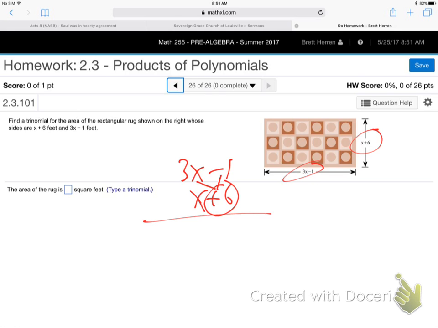Good, so we get minus 6 and 18x. 18x minus 6.